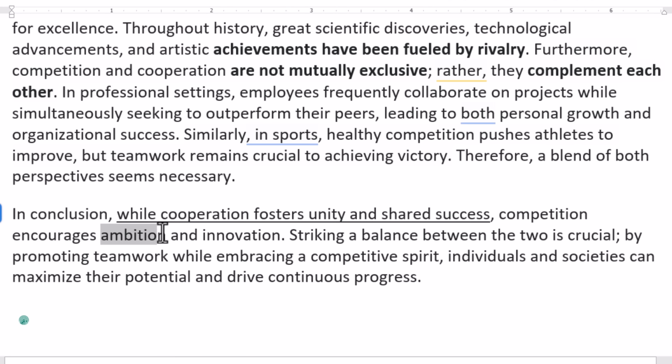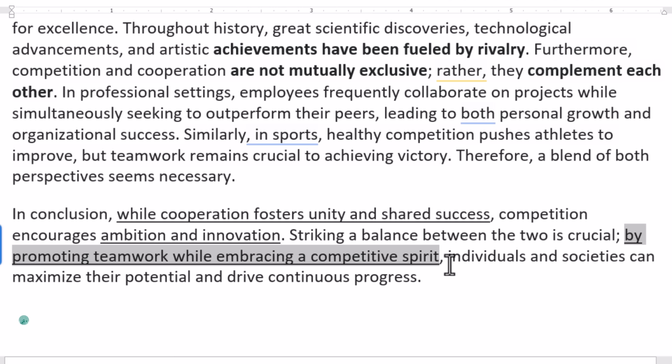"Ambition and innovation" is a parallel structure, a simple one. Striking a balance between the two is crucial. "By promoting teamwork while embracing a competitive spirit" is an adverbial phrase, starting with by, showing how something is done.